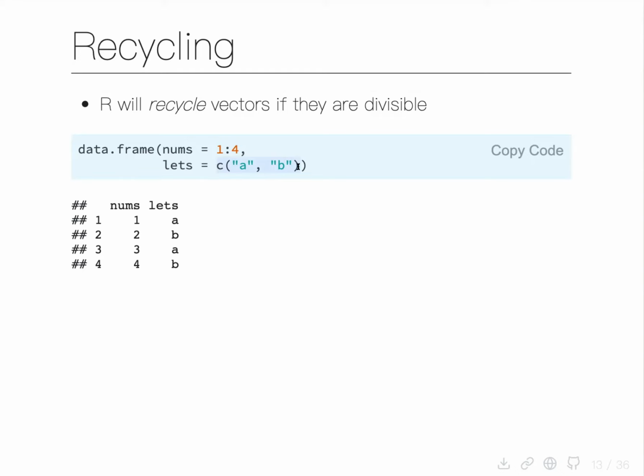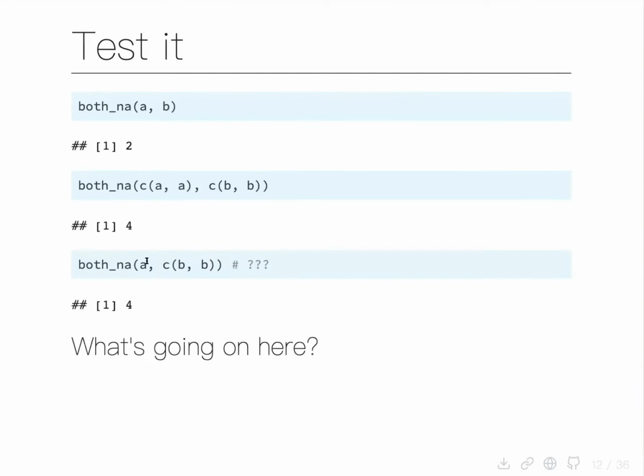I can recycle these 2 letters, and it'll be the same length as nums. And that's what it ends up doing by default without complaining at all. Okay, so we get 1, 2, 3, 4, and we get AB, AB. So when we're back here, B is exactly twice the length of A, so it's just recycling A, and we end up with exactly the same thing that we had here.